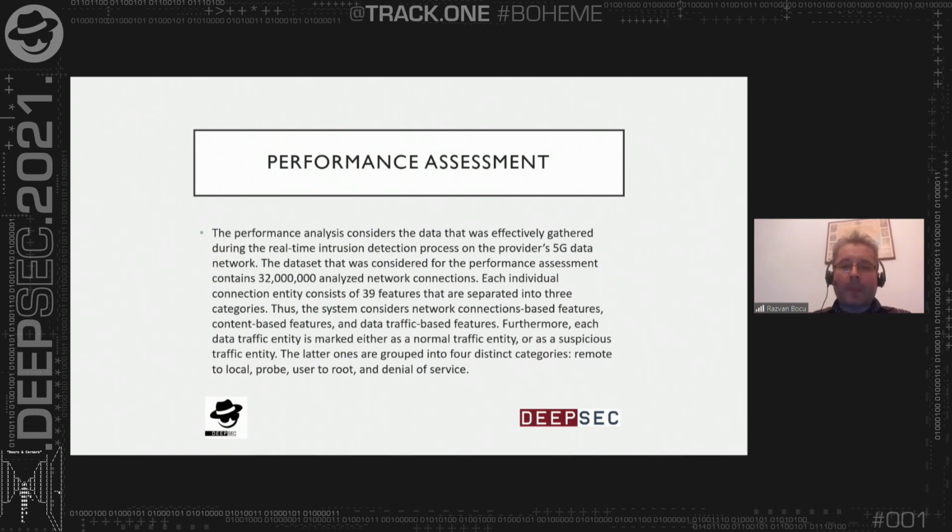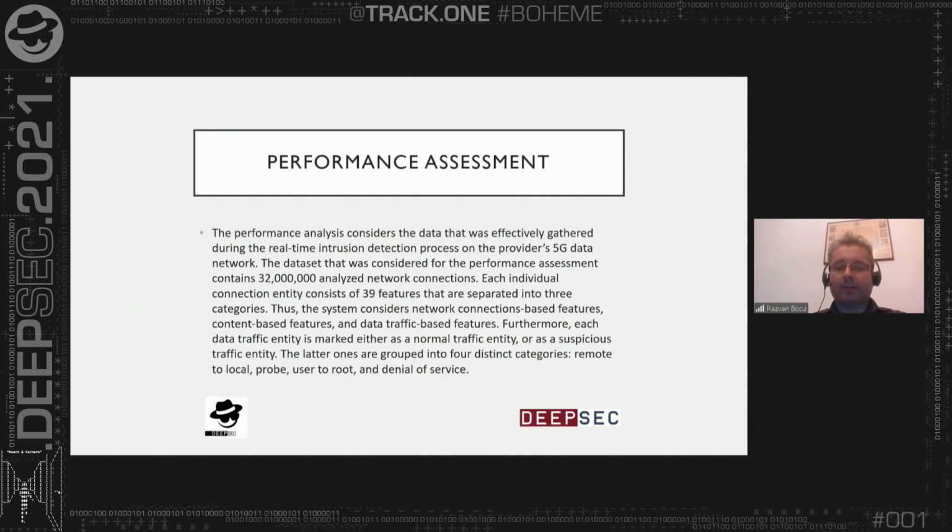And the data set considered 32 million analyzed network connections. Each individual connection pertains to 39 features that are separated into 3 categories. Thus, these categories are network connection based features, content based features, and data traffic based features.